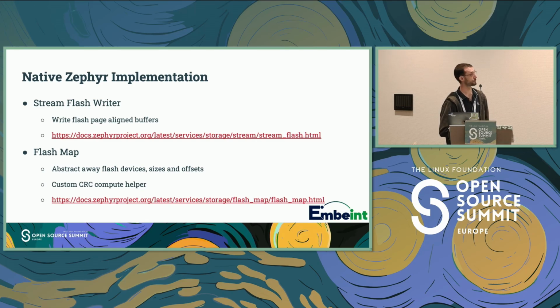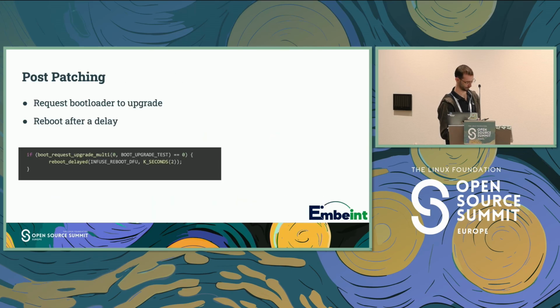So we've got stream flash writer, which is just a way to push individual bytes into a buffer until that buffer fills up, and then you write the entire buffer to Flash at once, because writing a 4 kilobyte page takes about the same time as writing a 1 byte thing. So you want to write aligned to page boundaries as much as possible. And then all of the reading from the various Flash areas is done through Flash map. And we've added a little custom wrapper again.